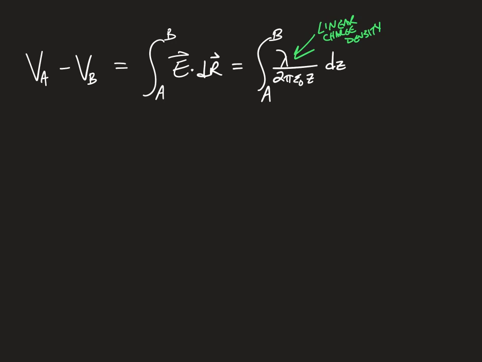And so what we can do now is basically compute this lambda per 2 pi epsilon naught. All that comes out because they're constants. A dz per z is going to mean a natural log of z. And we're going to go from 15 centimeters to 7 centimeters.